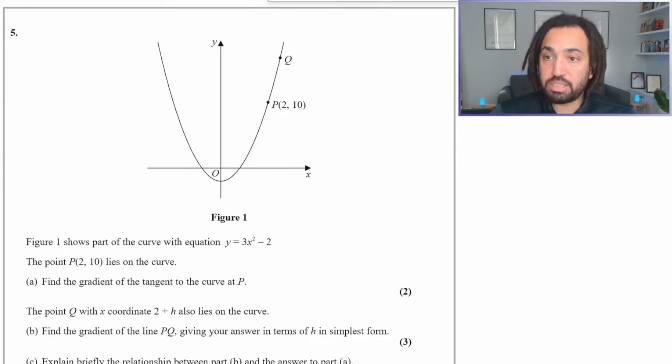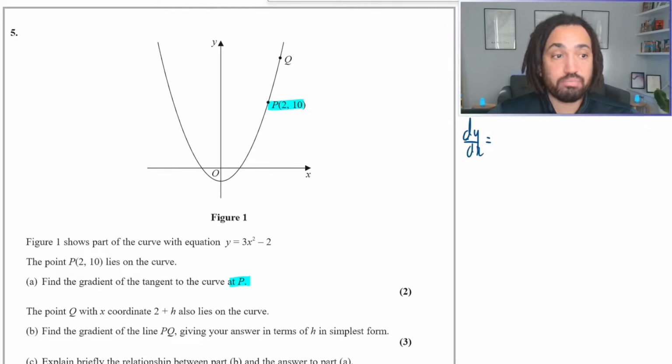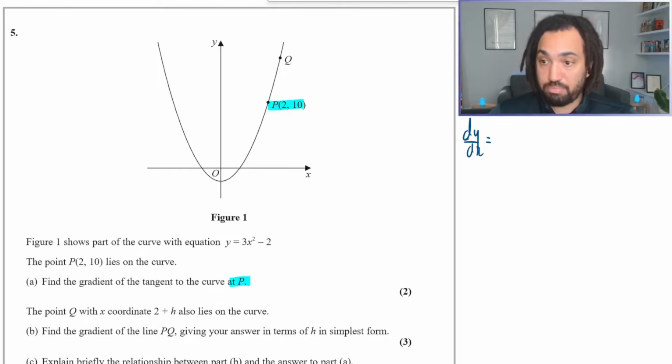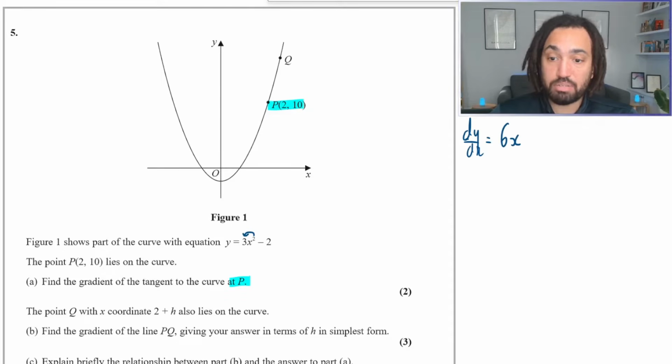Okay, next question, and we have a quadratic, and we have a point P on the quadratic, and it says find the gradient of the tangent at the point P. First thing I'm going to do is differentiate the curve. The power is 2, so the 2 comes down and multiplies by the 3 to make 6, and then we drop the power down by 1.